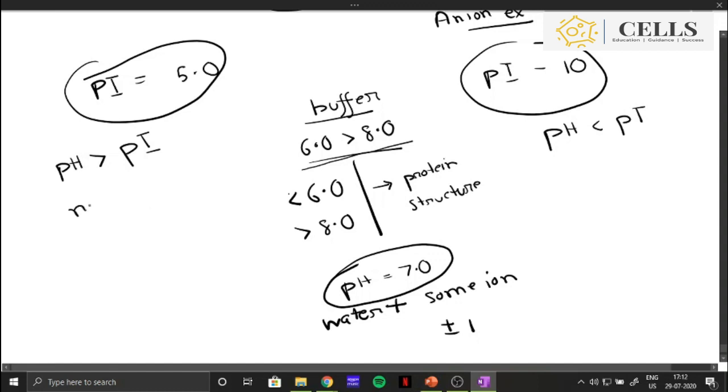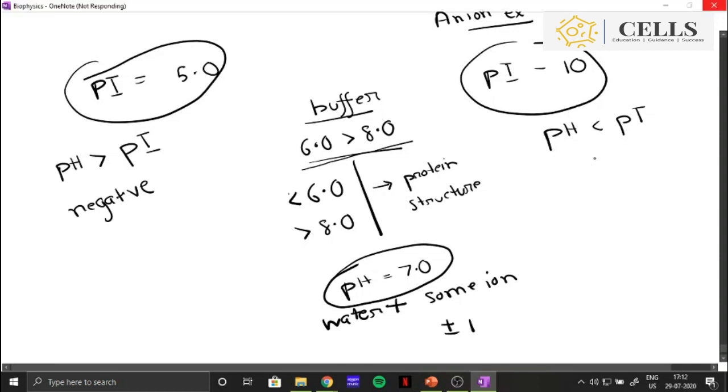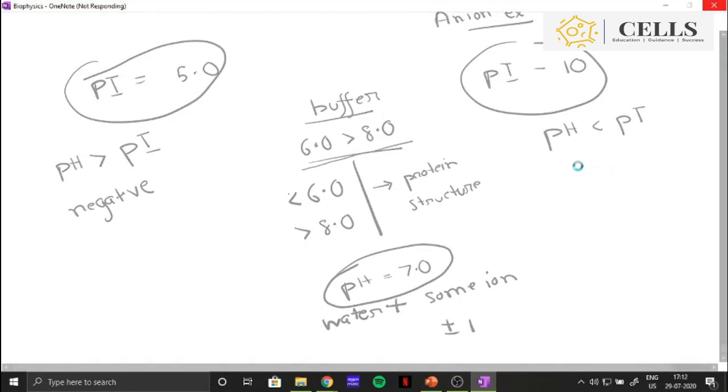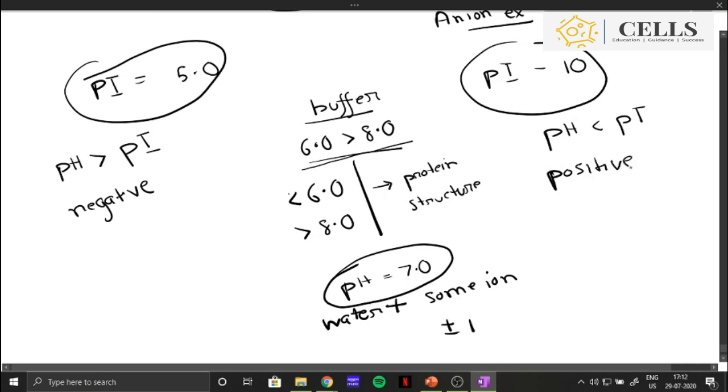Here the protein will exist as a negative charge, here the protein exists as a positive charge. So this is protein negative, this is protein positive. You have to use an anion exchange here, and a cation exchange here.